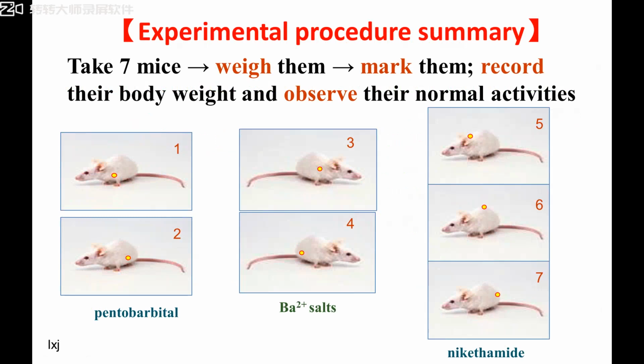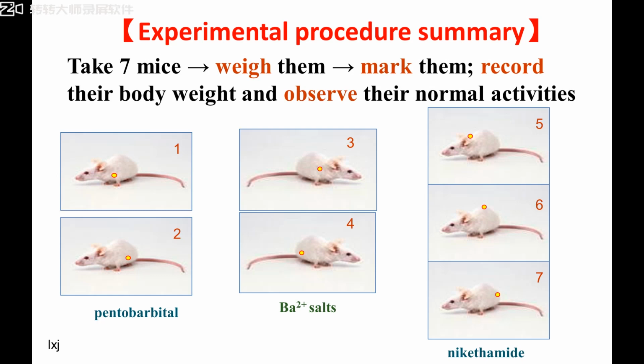Okay, that's all for this experiment. Let's review. There are 3 small experiments this time. If you do this experiment in life, you can take 7 mice together, weigh them, give them numbers one by one, and record their numbers and body weights.